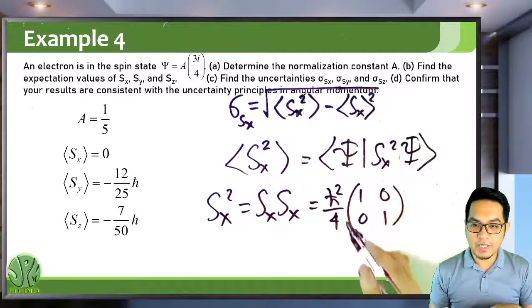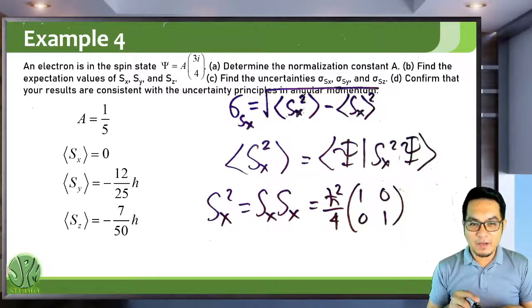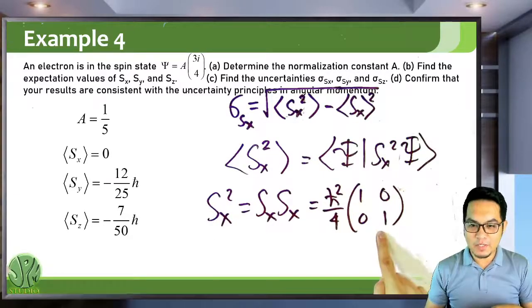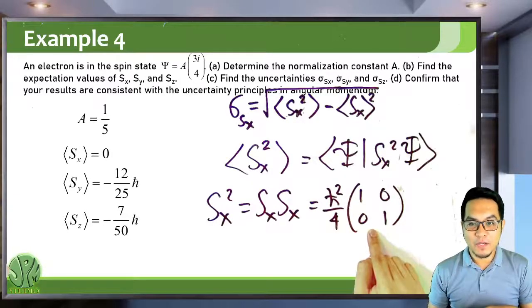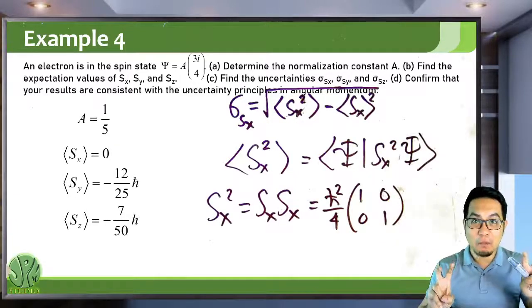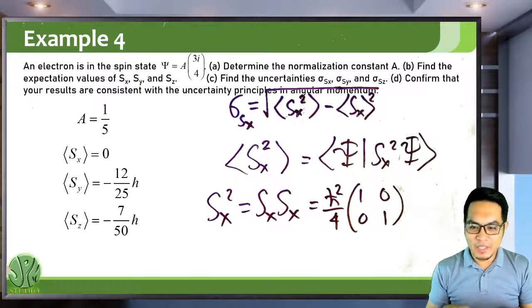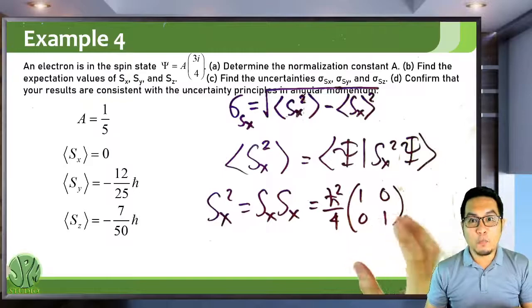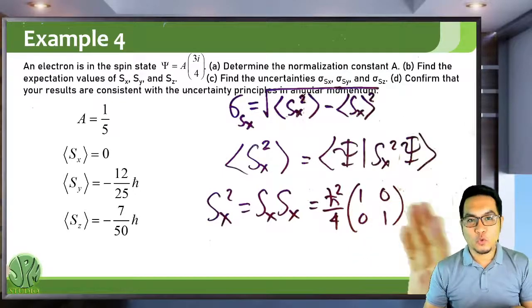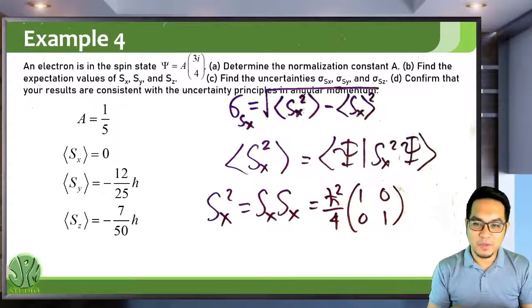So basically, this is just the identity operator. Similarly, for Sy squared, you will get the same result. This is what happens when you square the Pauli spin matrices, sigma x, sigma y, and sigma z: when you operate twice, they actually become the identity operator.